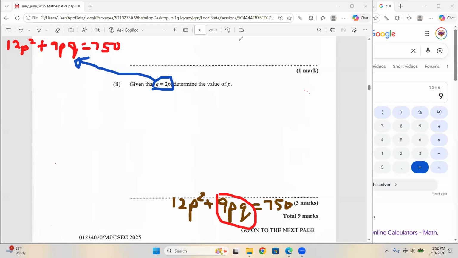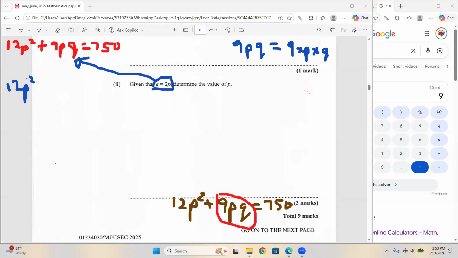But always remember, 9PQ is actually being multiplied here. So you don't want to just write that in like that. You want to bear in mind we have 9 by P by Q. So since we're going to replace the Q, we have to multiply this by 2P. So here we go. I'm rewriting this as we have that there.